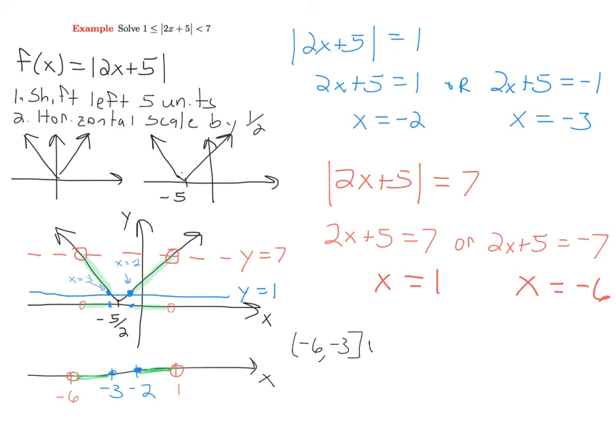That's the green interval on the left. And then we pick up again when we hit x is equal to minus 2. We include that up to, but not including x is equal to 1. So there we have our solution in interval notation. This identifies all of the x values on the graph of this absolute value that fall in between these y values. That's highlighted in green.